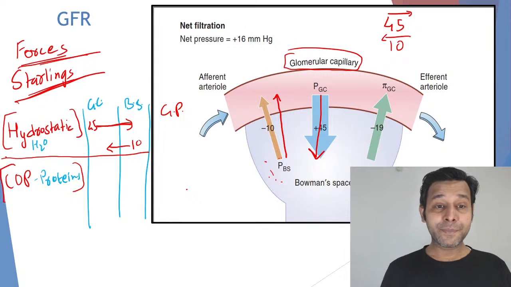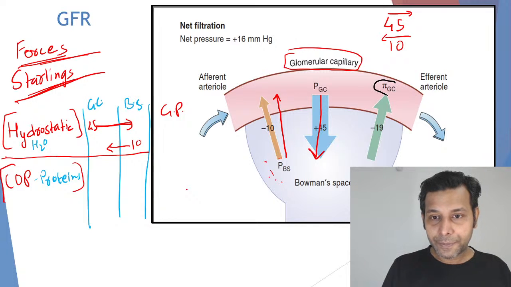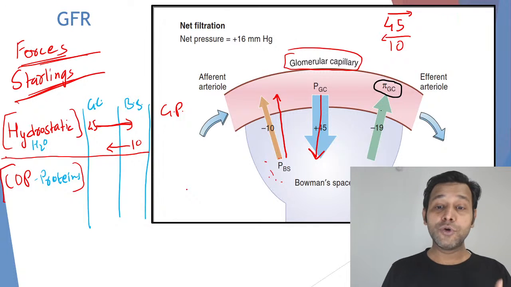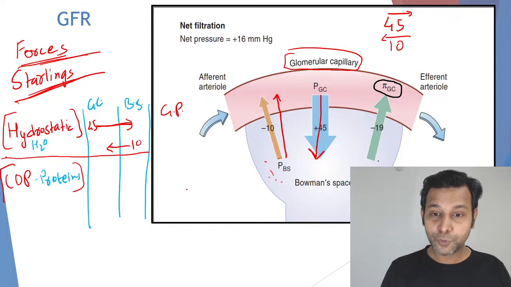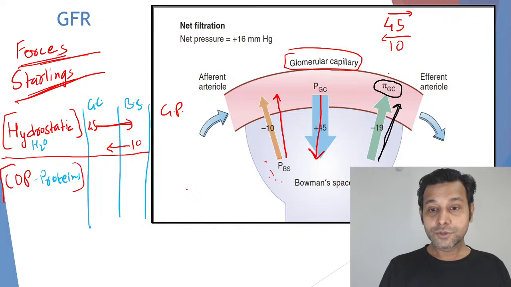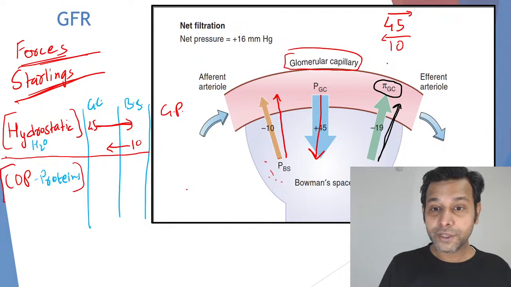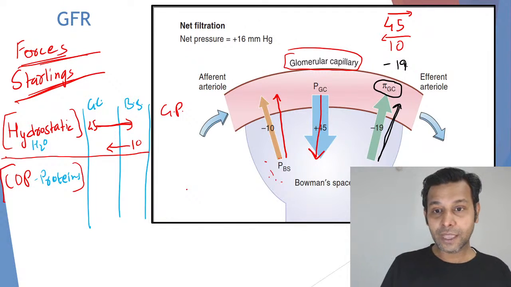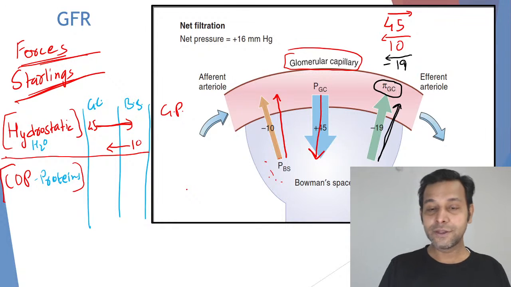So remember, the proteins pull water in that direction. The glomerular capillary has blood, and blood has a huge amount of protein, so they will pull the filtrate towards the capillary. So the filtrate is pulled, which means GFR is opposed. So the opposing pull is -19 mm of Hg towards the capillary, or you can say opposing GFR.